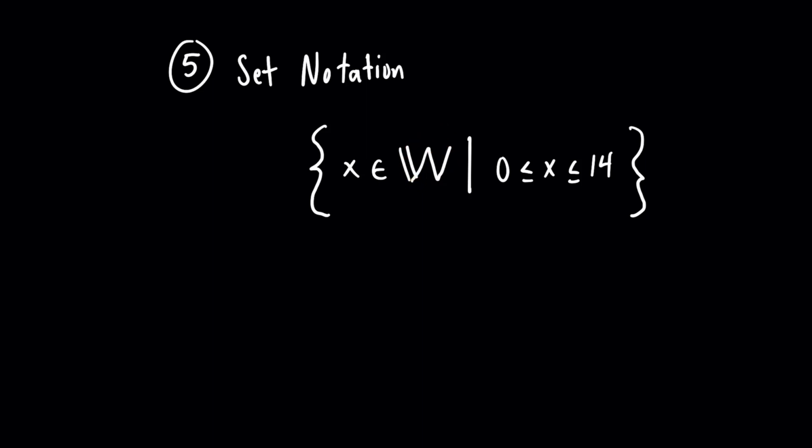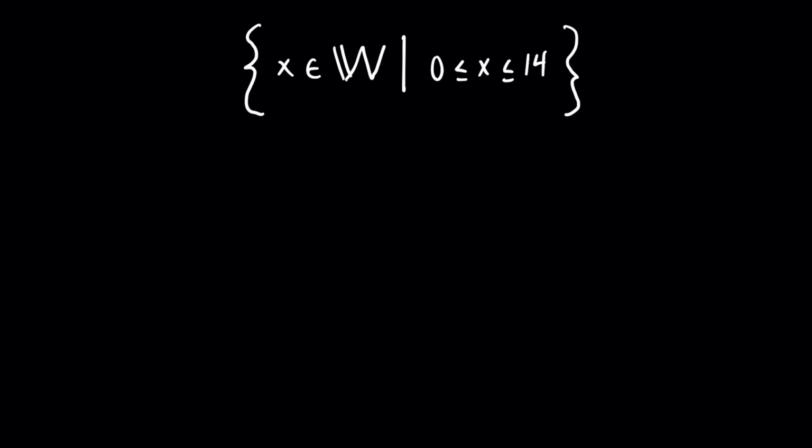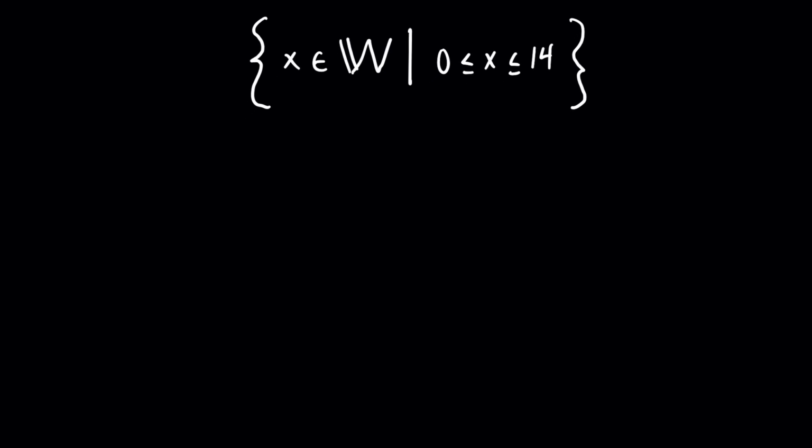So right now we need to talk about different kinds of numbers. The first type of number, which is kind of the most basic, are whole numbers.